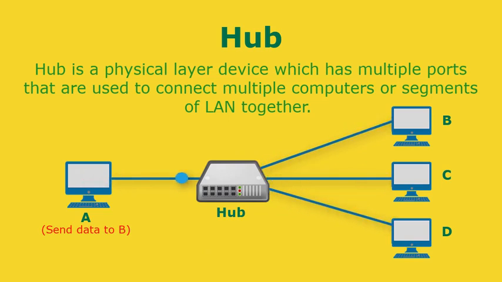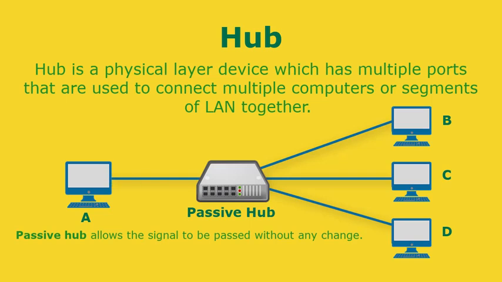So when a host sends a data packet to a network hub, the hub copies the data packet to all of the ports it is connected to. Like this, all the ports know about the data, and the port for whom the packet is intended claims the packet.